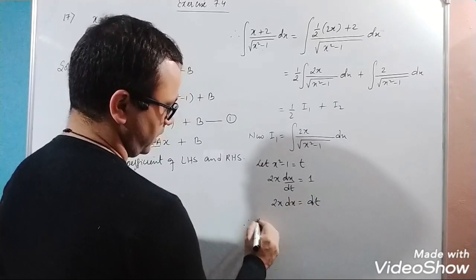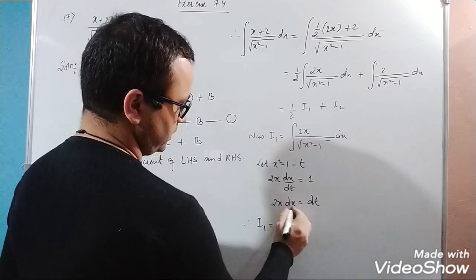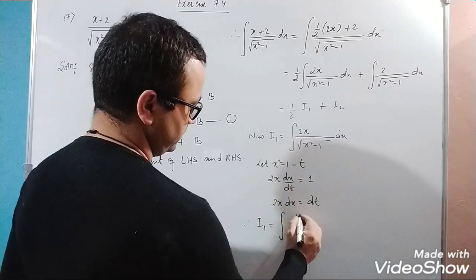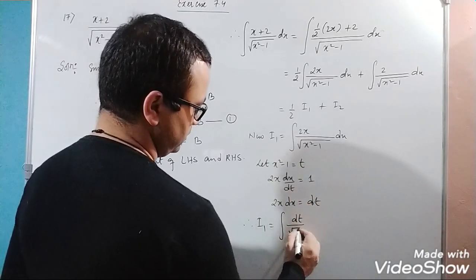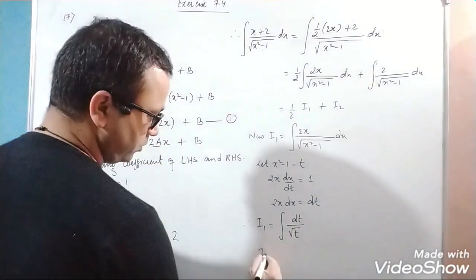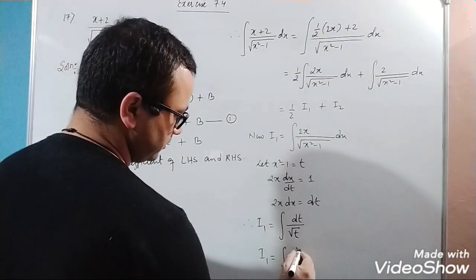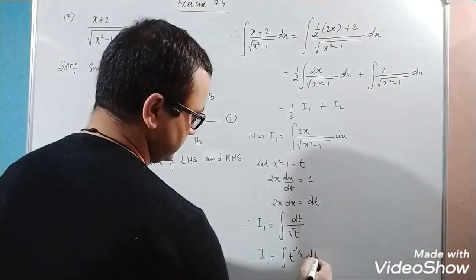Therefore I1 equals the integration of dt by root under t, so I1 equals the integration of t to the power minus half dt.